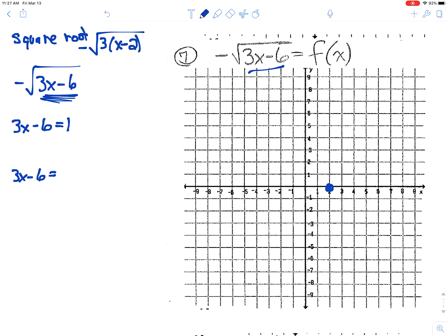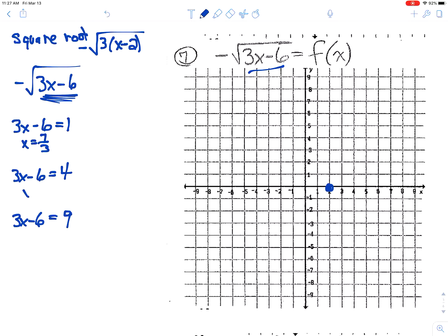What if I make 3x minus 6 easy square rootable? 4. What if I make 3x minus 6 nice and easily square rootable? 9. That means I'm skipping one step here. I'm going to add 6 and divide by 3.